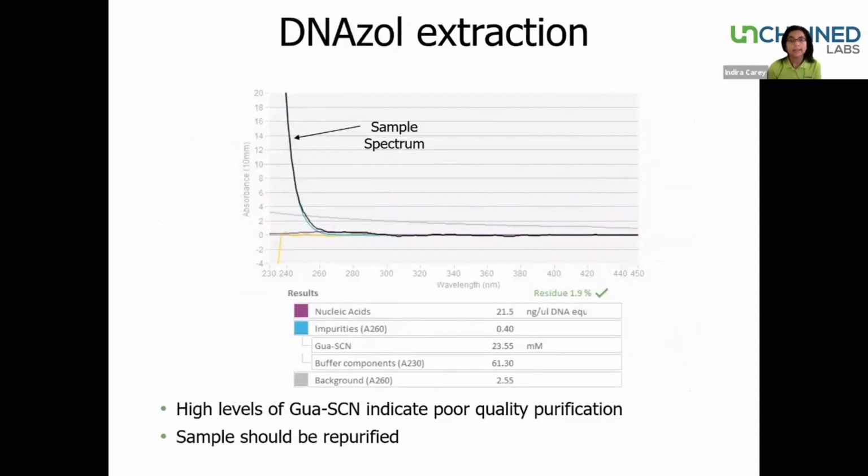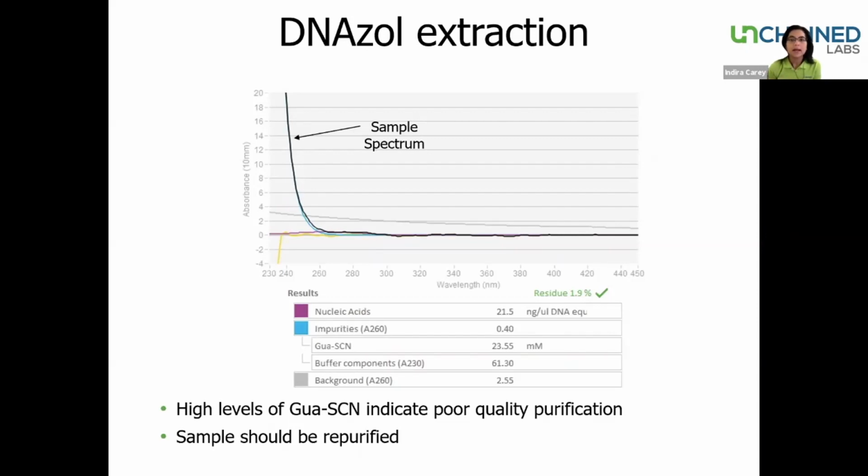In this experiment, DNA was purified from tissue by lysing cells with DNAzol and then precipitating the DNA with ethanol. That was followed by washing of the pellet and then solubilizing the DNA in water. Now the sample spectrum here is less than ideal. You can see it doesn't show a nicely defined peak at 260 nanometers.